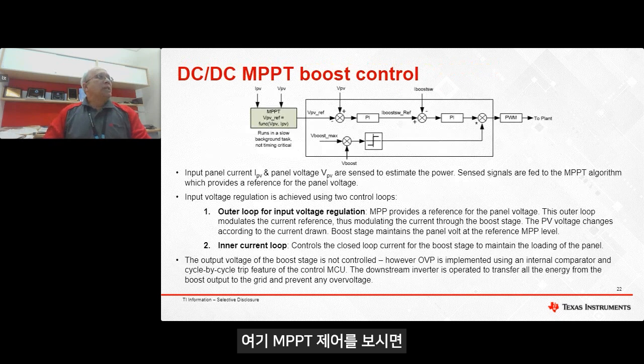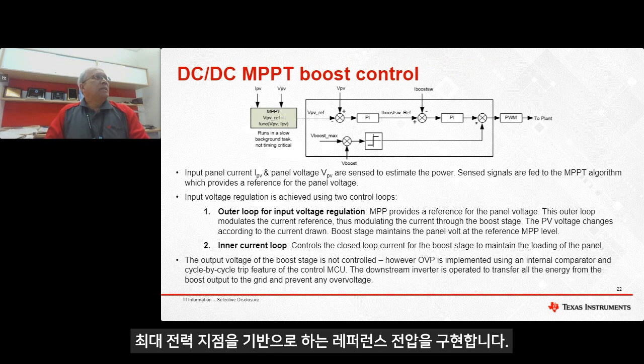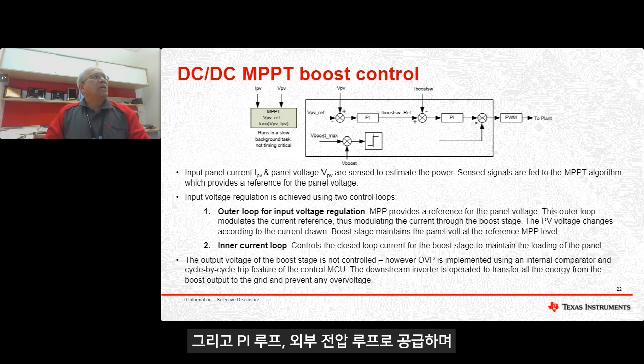So if we look at the MPPT control here, the MPPT algorithm uses the PV panel current, IPV, and the PV panel voltage, VPV, and generates the reference voltage based on the maximum power point, and feeds it into the PI loop, the outer voltage loop.